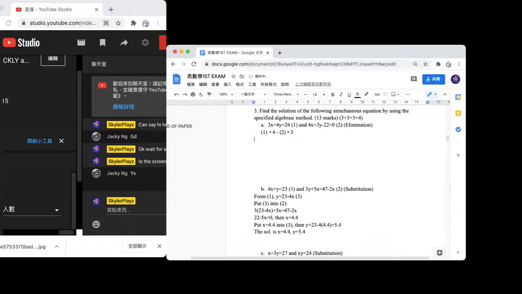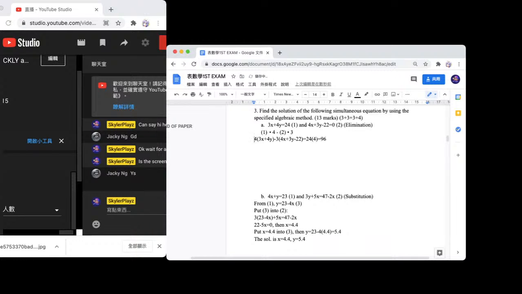And then we will get 4 times 3x plus 4y minus 3 times 4x plus 3y minus 22 equals 24 times 4. As we calculate, this is equal to 96.